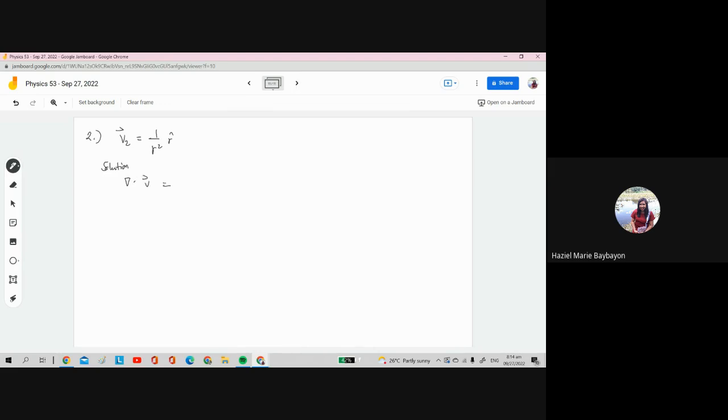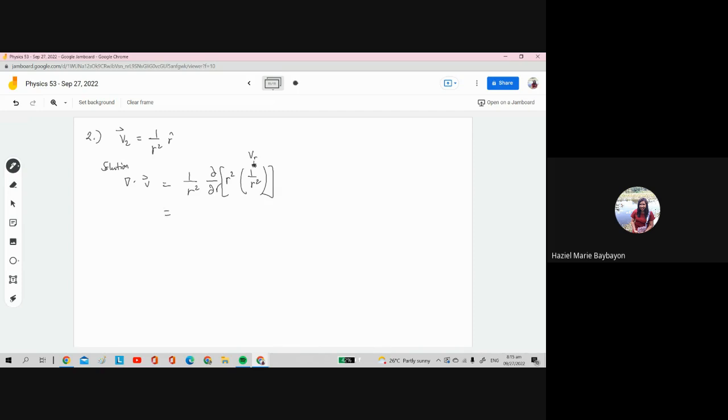The divergence is radial, so you have 1 over r squared times the partial derivative of r squared multiplied by v sub r, where v sub r is equal to 1 over r squared.